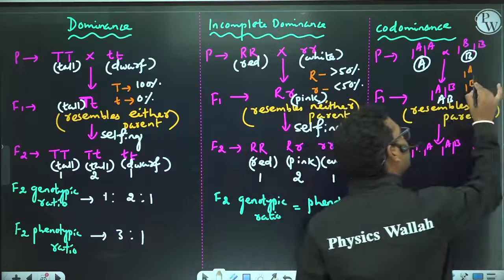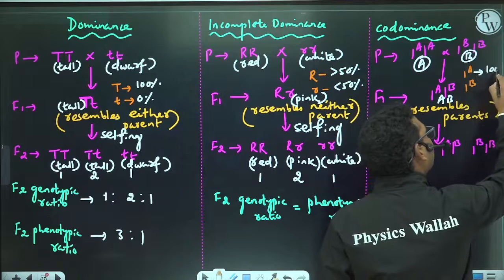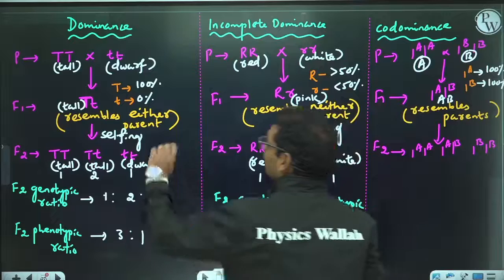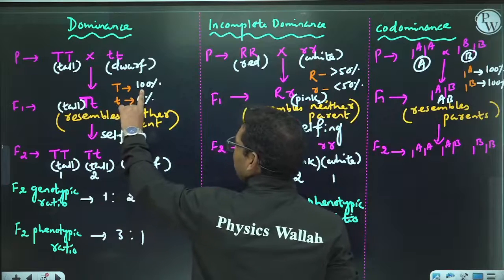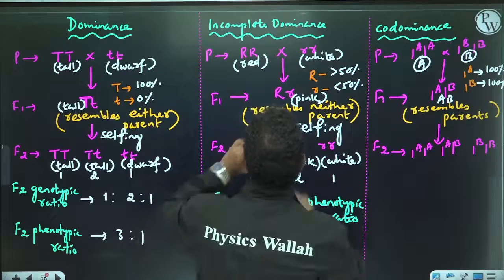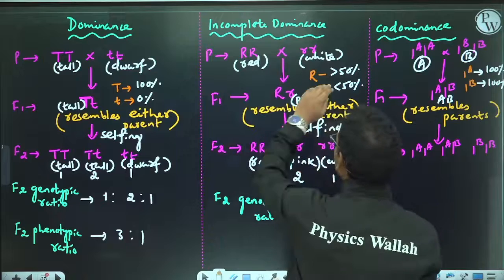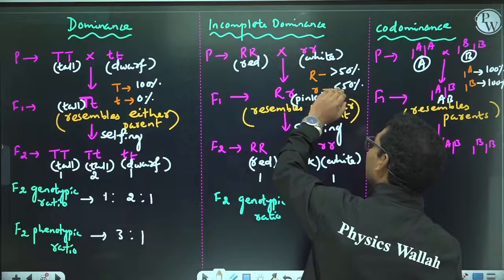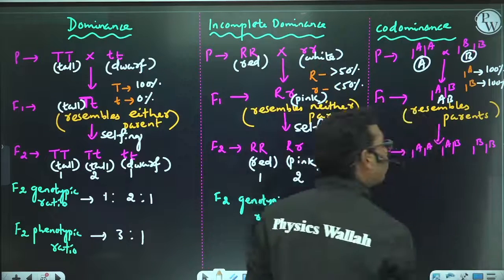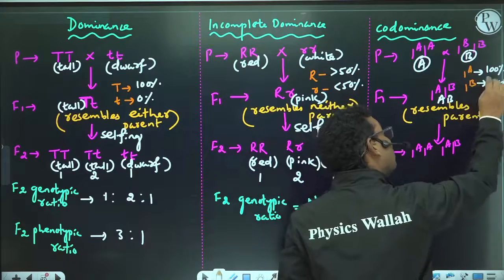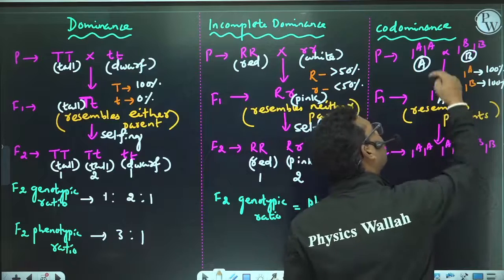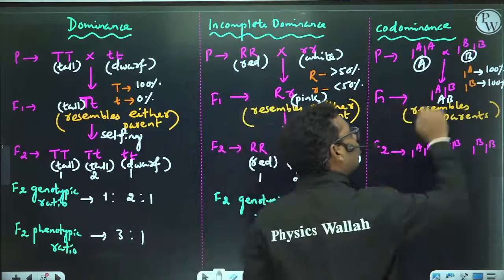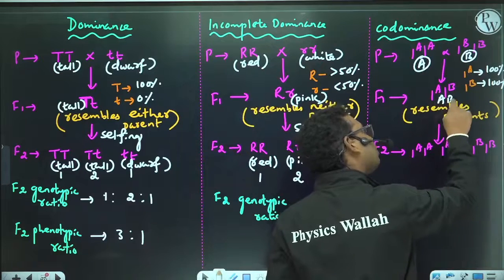So in this case I will say IA is expressing itself 100%, IB is also expressing itself 100%. So if only one expresses 100%, that is dominance. If both express but one expresses more than 50% and the other expresses less than 50%, that is incomplete dominance. And if both alleles express themselves completely, that is called codominance. Here only antigen A is produced, here only antigen B is produced, here antigen A and B both are produced.